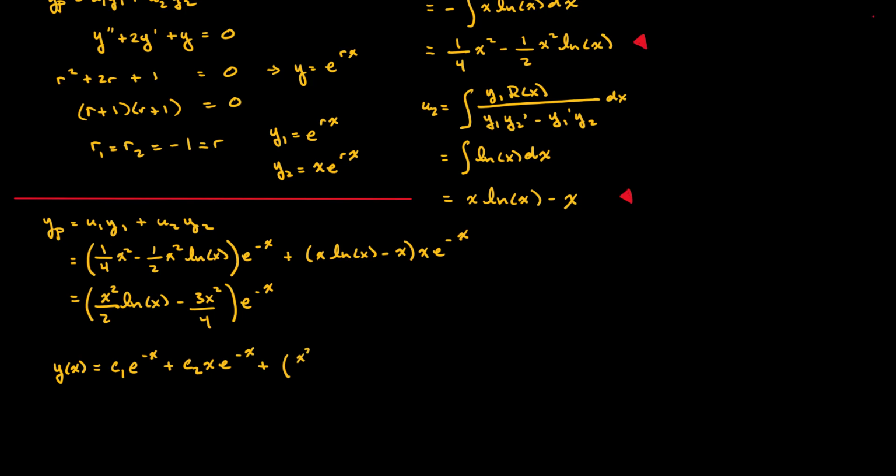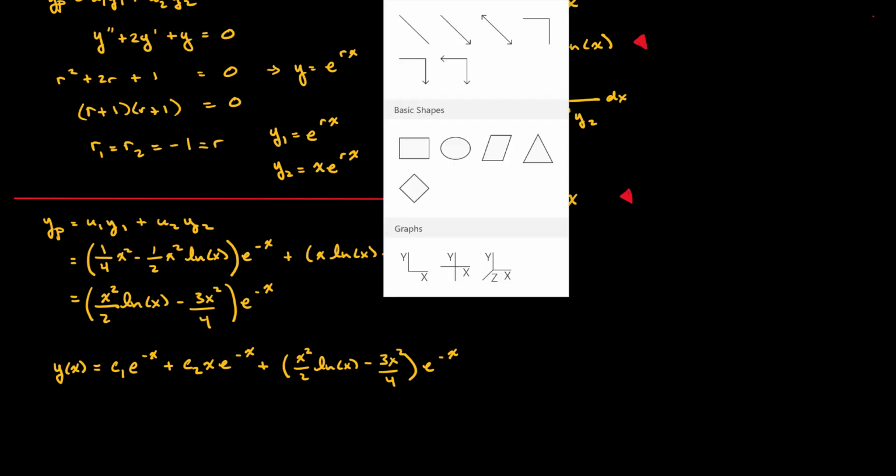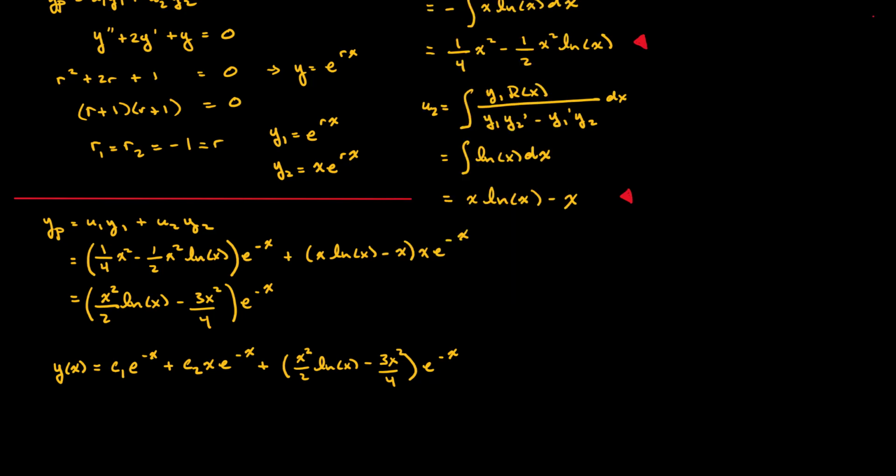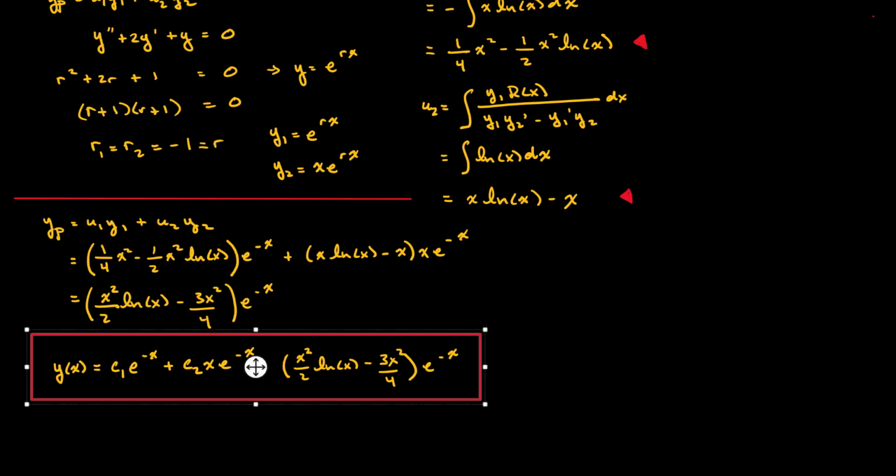That is x squared over 2 ln of x minus 3 x squared over 4, times e to the negative x. So the process is a bit labor intensive, but in general, the integrations are fairly straightforward.